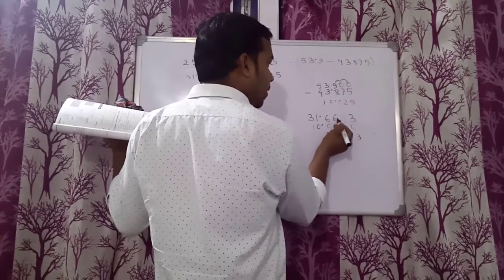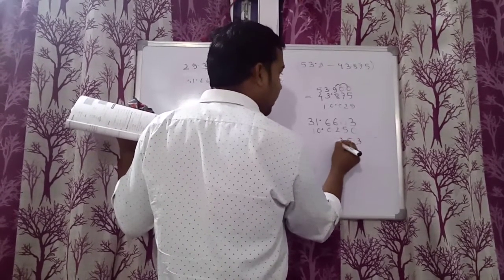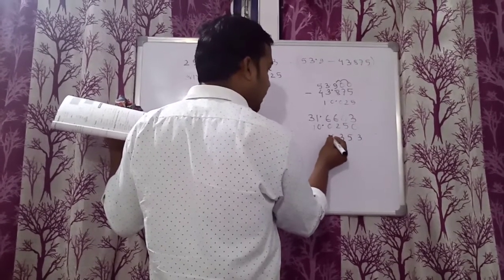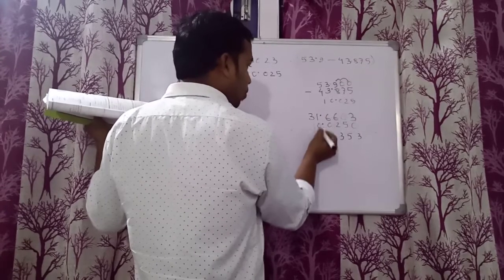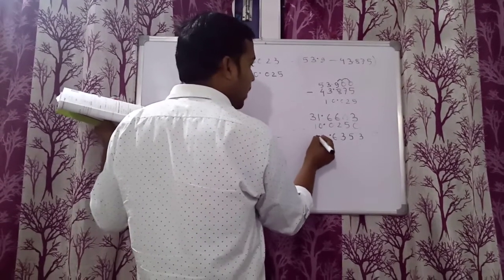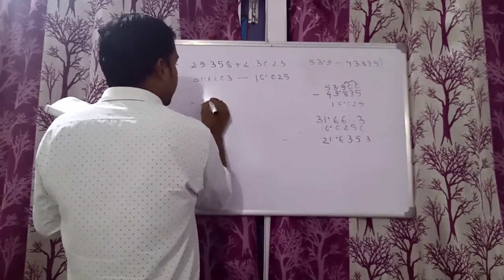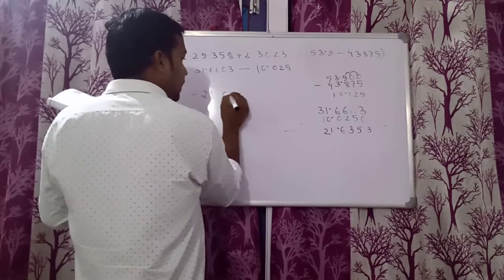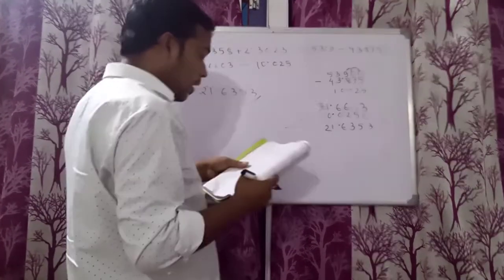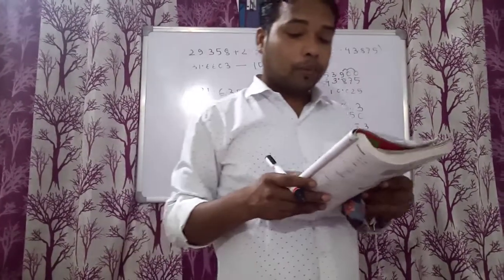Already we took 1, 5 is left. 5 minus 2 is equal 3. Then here 6 minus 0 is equal 6. Point. Here 1 minus 0 is equal 1. Then 3 minus 1 is equal 2. Is equal how much? 21.6353. Okay, like this way you can do multiple choice questions also.